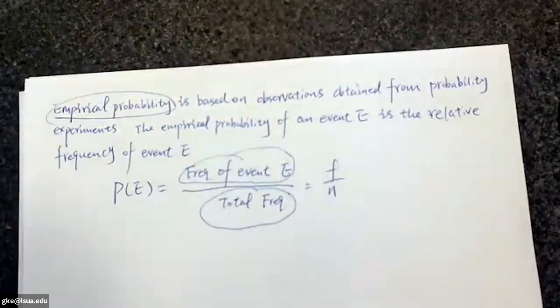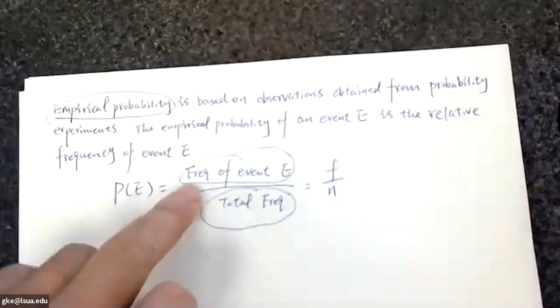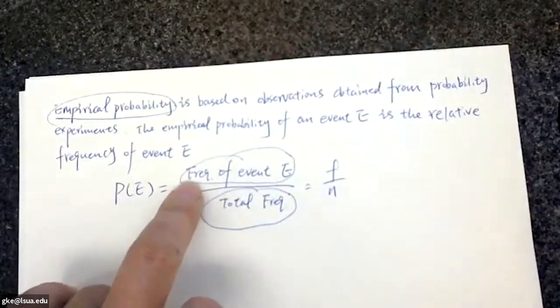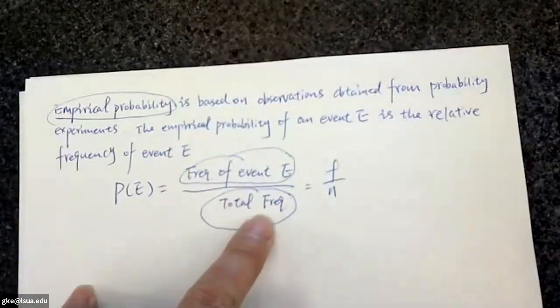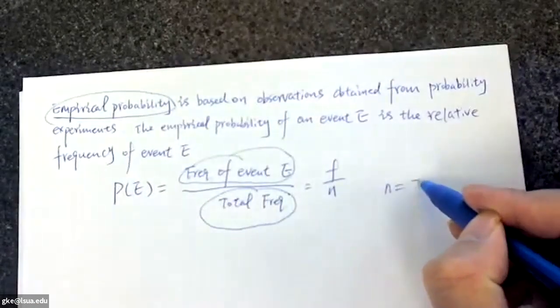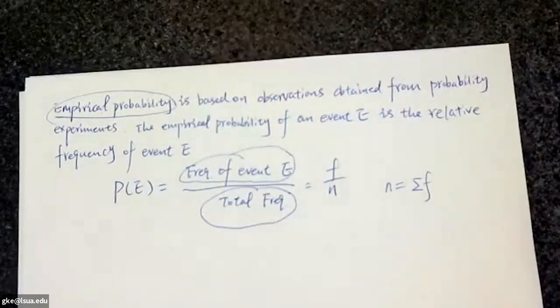To calculate the probability of event E, find the frequency, then divide by the total frequency. And as we know before, the total number N can be the summation of all the frequencies.